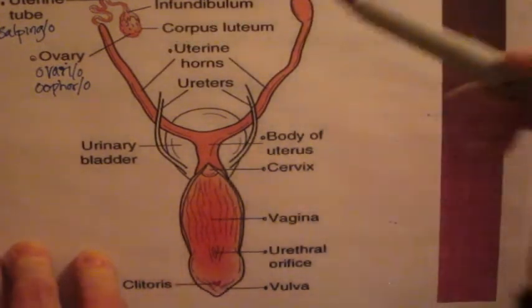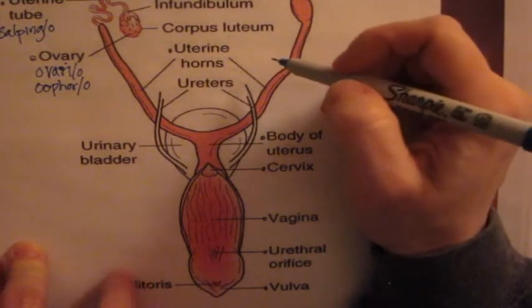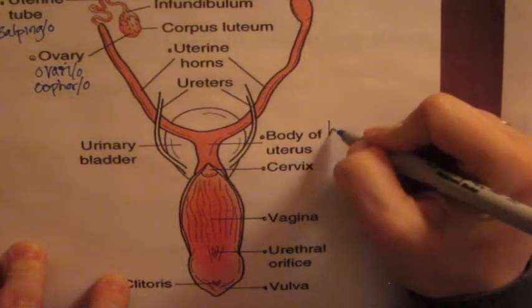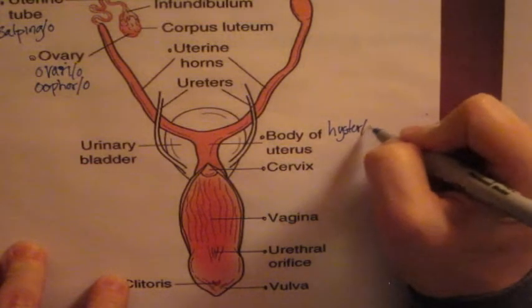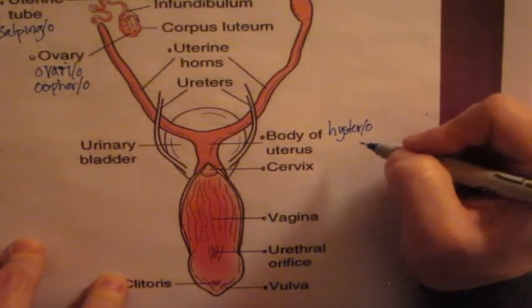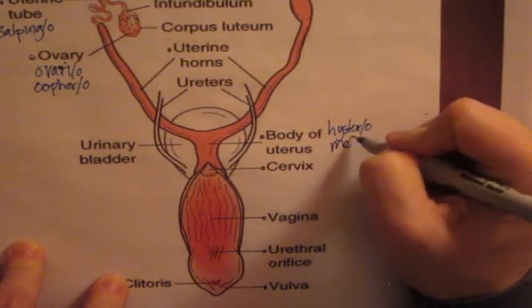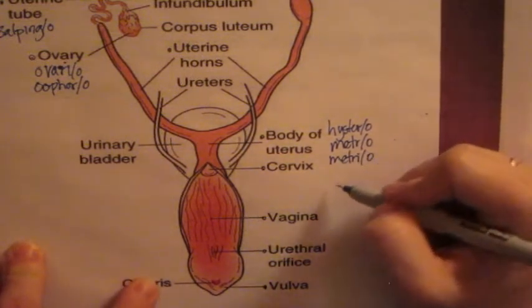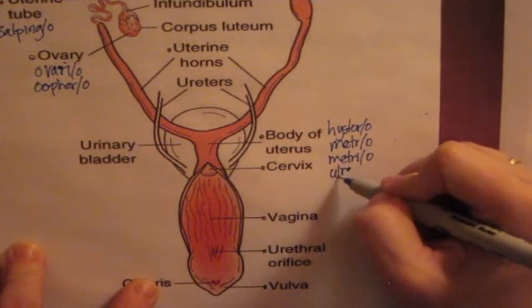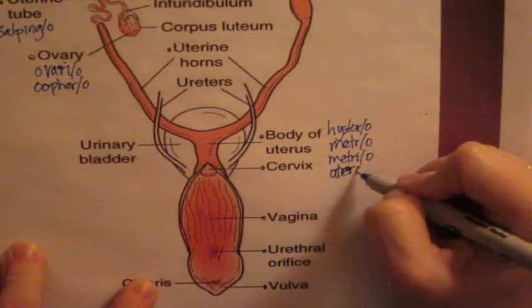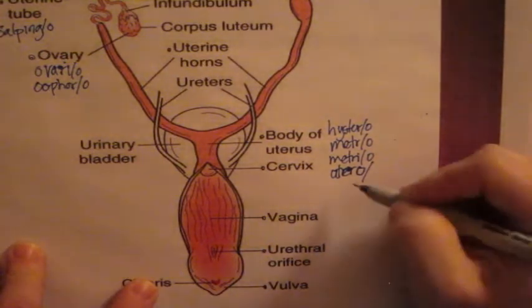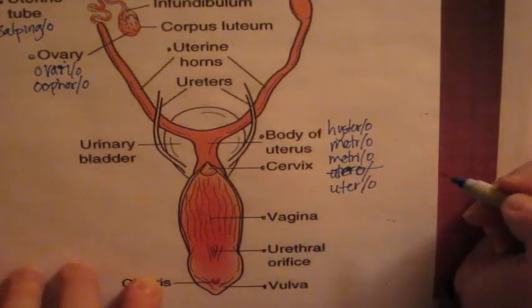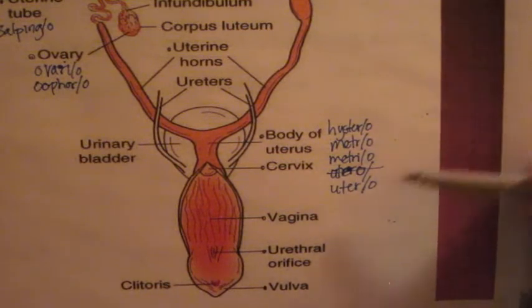There are many combining forms for uterus: hystero, metro, metrio, utero. All four of these mean uterus.